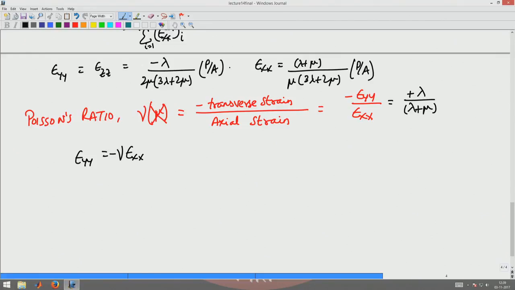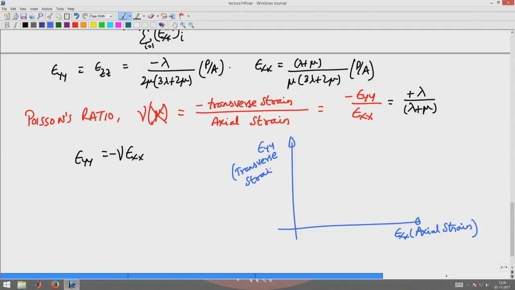So, now how do you estimate the Poisson's ratio from a uniaxial experiment? You do the same thing, you plot the axial strain epsilon xx versus epsilon yy, the transverse strain, okay. You will get some data points here. Okay. What you want is a best fit straight line passing through those data points, the slope of which would be your Poisson's ratio.